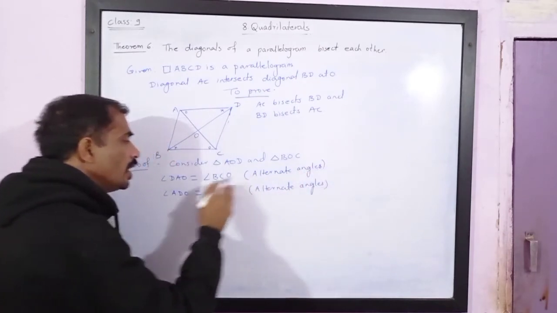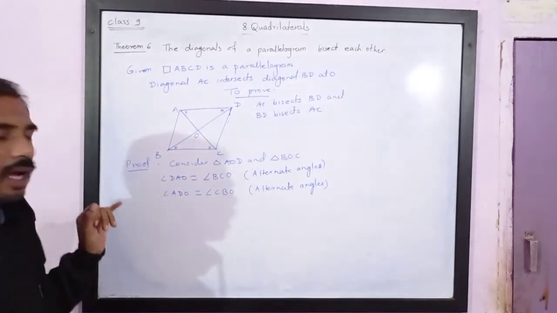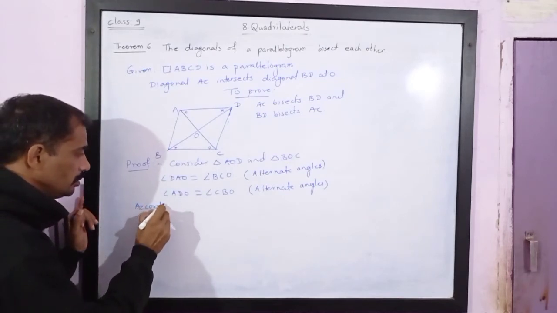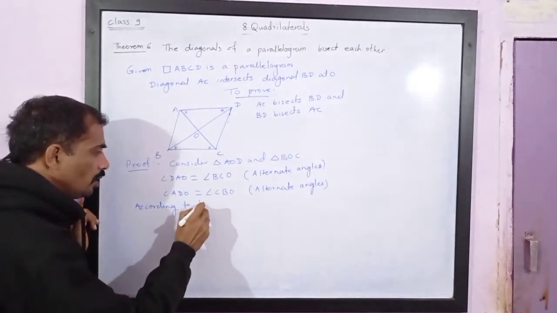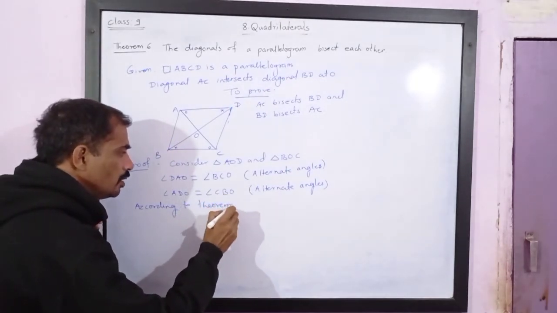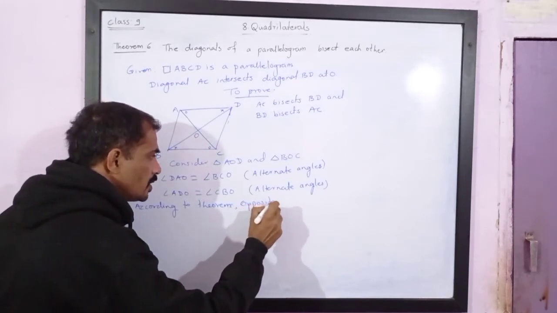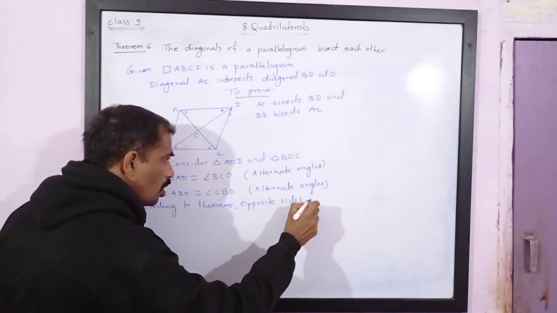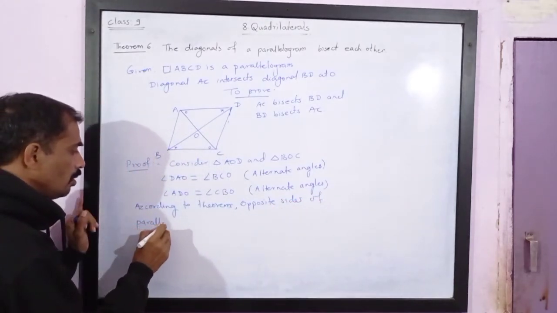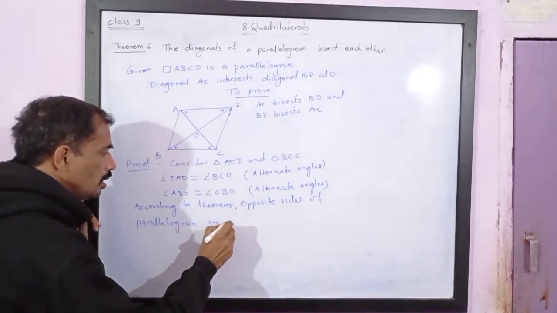Now we have already proved in theorem 3 that opposite sides of parallelogram are equal. So according to theorem 3, which we have proved earlier, opposite sides of parallelogram are equal.